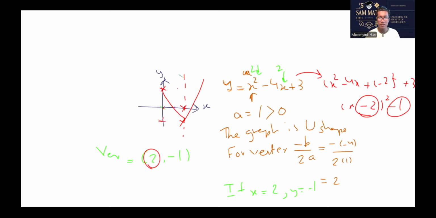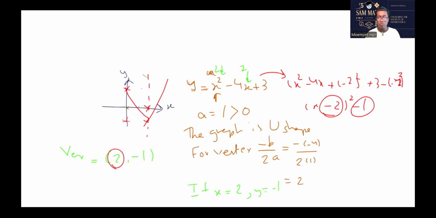What is this supposed to mean? What this means is this particular graph is also factorizable.